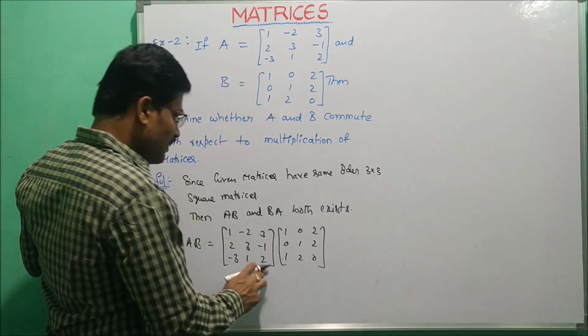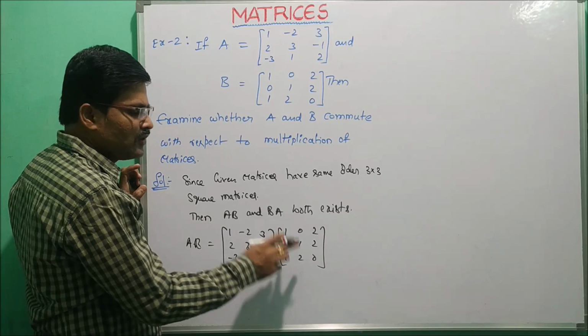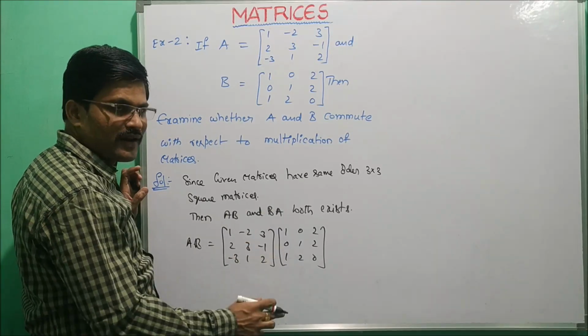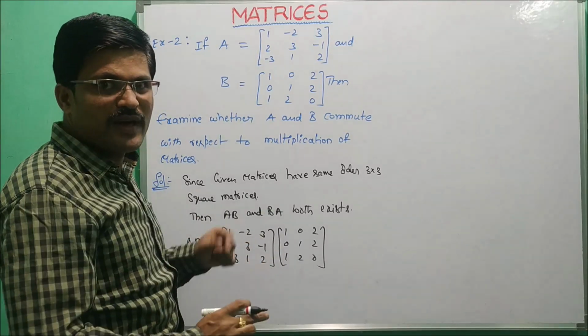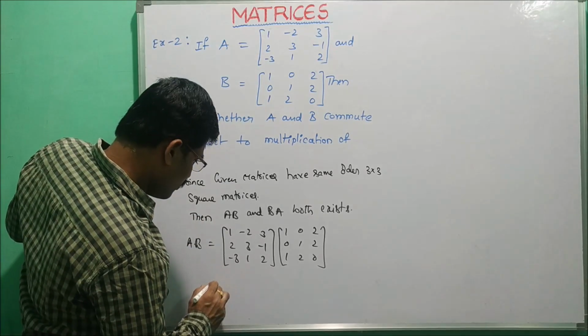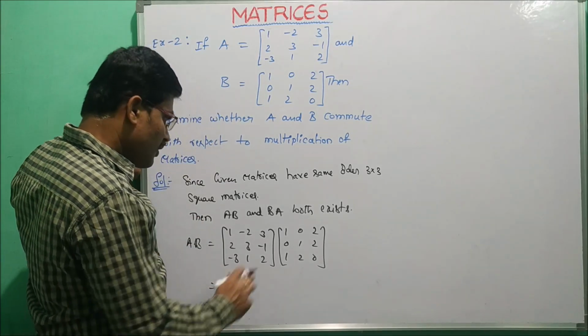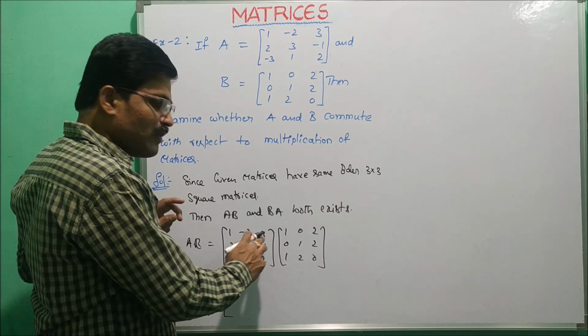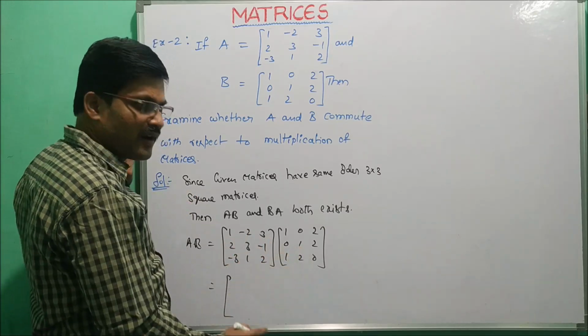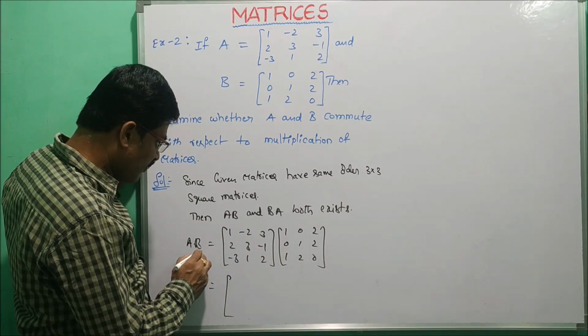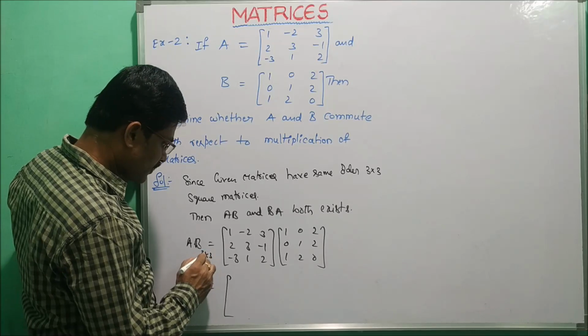Clearly the number of columns in the first equals the number of rows in the second matrix, therefore multiplication will exist. We follow the procedure. This is a 3 by 3 matrix, this is also a 3 by 3 matrix, so our resultant matrix is also of order 3 by 3.